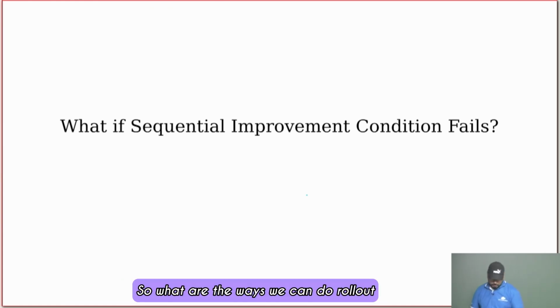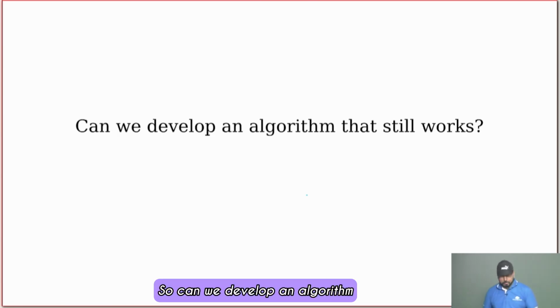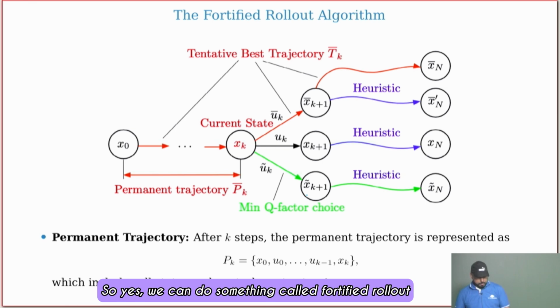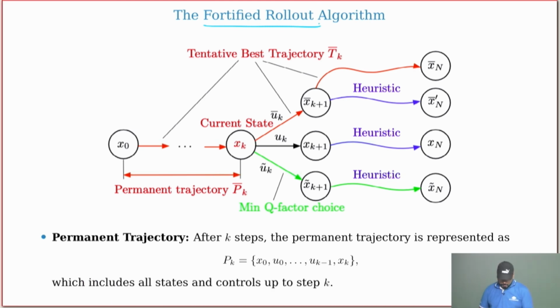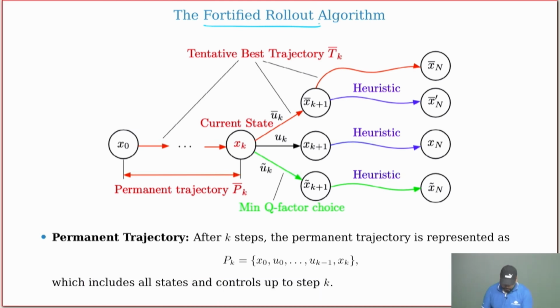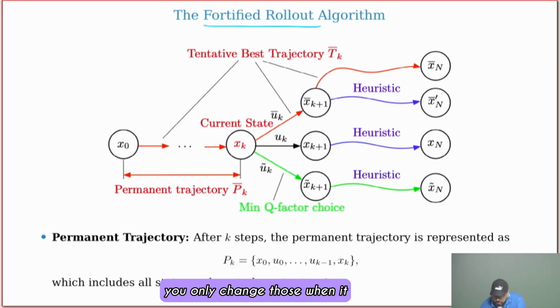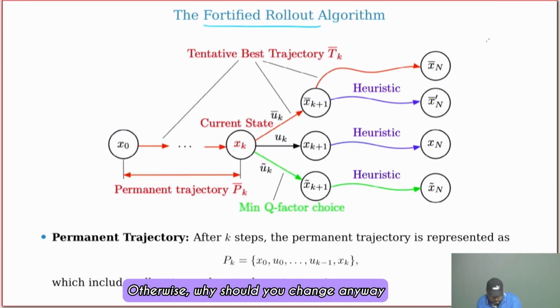What are the ways we can do rollout so that it is taken care of? Can we develop an algorithm that still works? Yes, we can do something called fortified rollout. Basically it means you keep the best possible trajectory saved, and you only change it when it gives you an improvement. Otherwise, why should you change anyway?